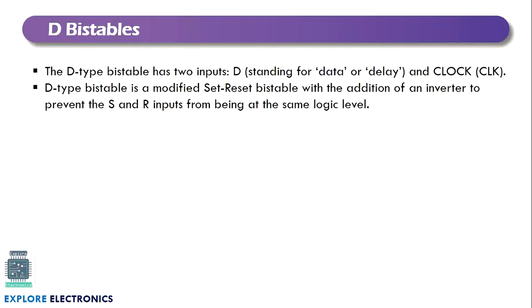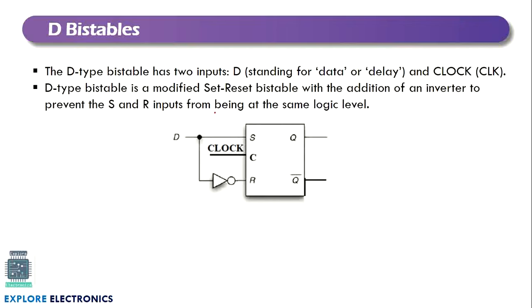And then the D bistable. D type bistable has a single input here. Here we can use it as a single input D bistable connected from the SR bistable. S and R are the two inputs, where we are using a NOT gate here and making this a single input.